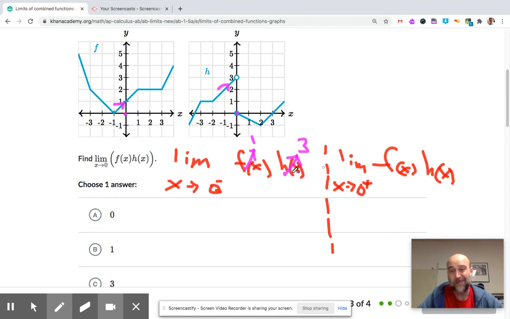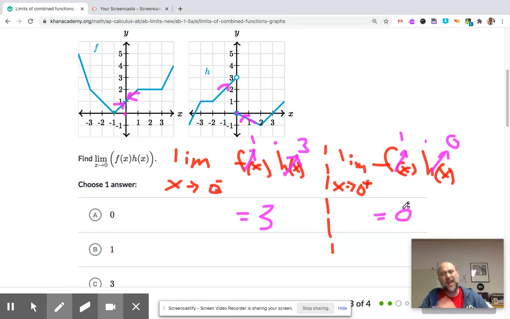F of x from the right is 1, goes to 1. And h of x from the right has an output of 0. 1 times 0 is 0.